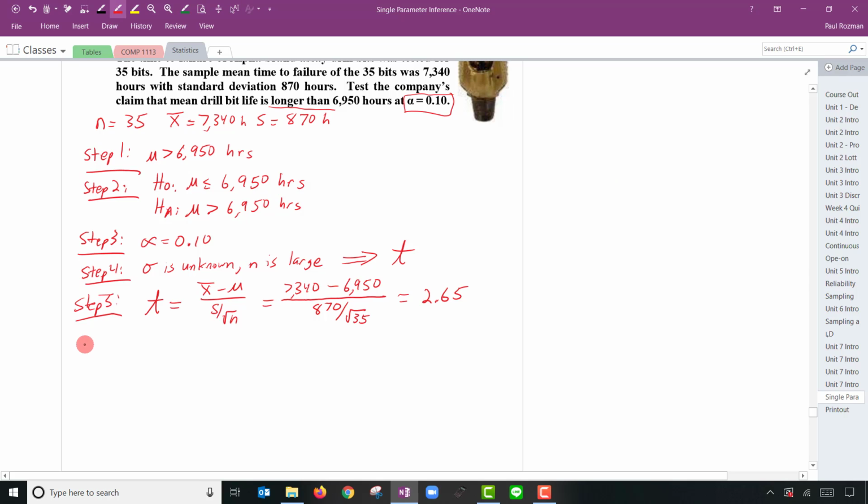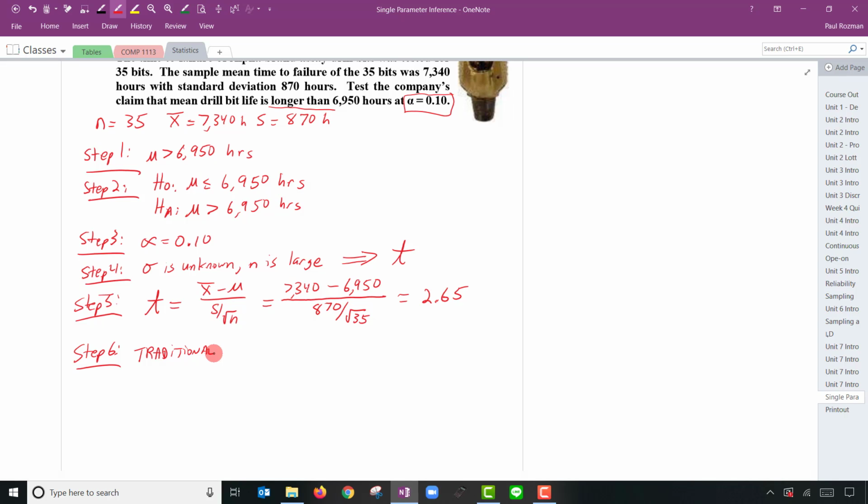So let's figure that out in step 6. Step 6, we had the two methods. We have the traditional way and the p-value way. I'll do traditional and p-value. Again, you would never do both at once. Just trying to teach you both methods.